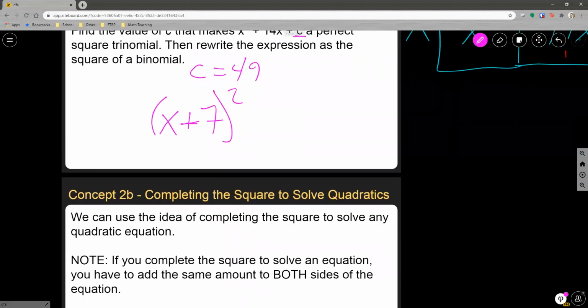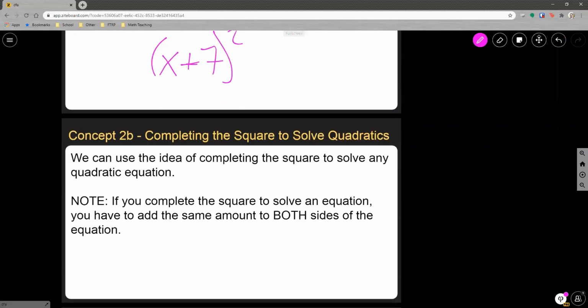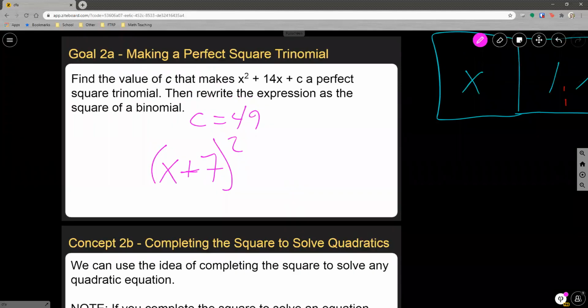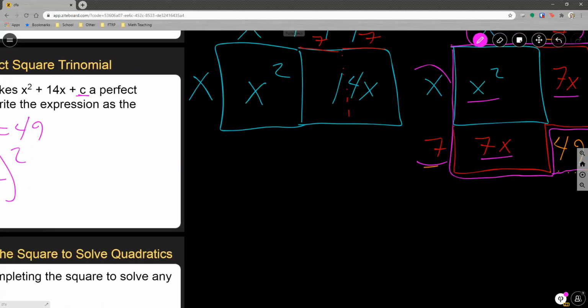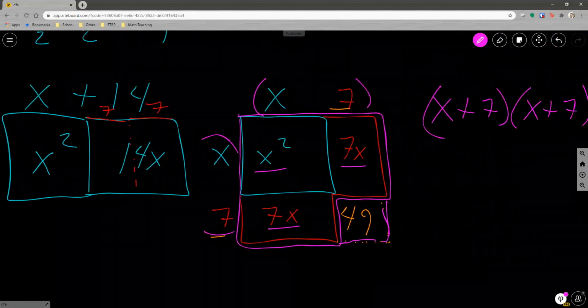So we can use this idea of completing the square to solve quadratics. Now, if we complete the square to solve an equation, we have to add the same amount to both sides of the equation. So be mindful. If I added 49 to this equation, I have to add 49 to the other side of the equation if I'm trying to solve for something.